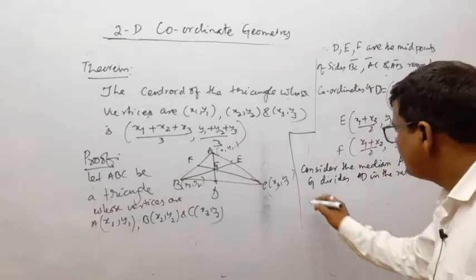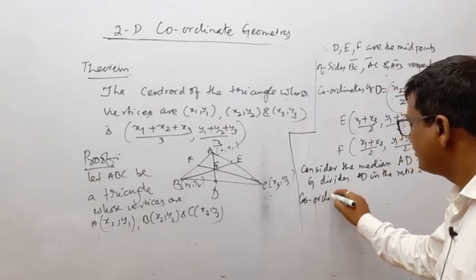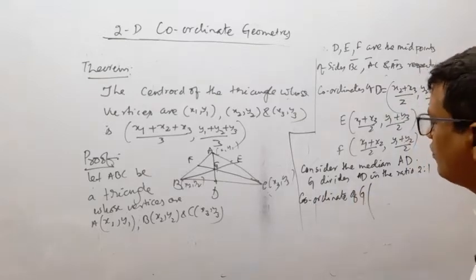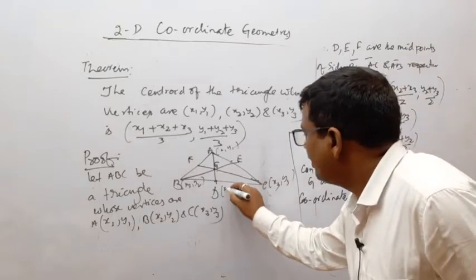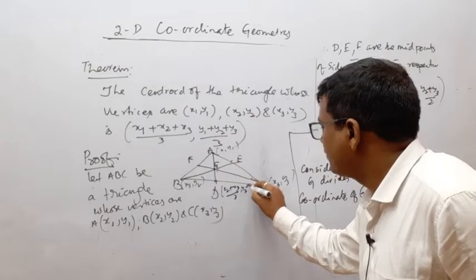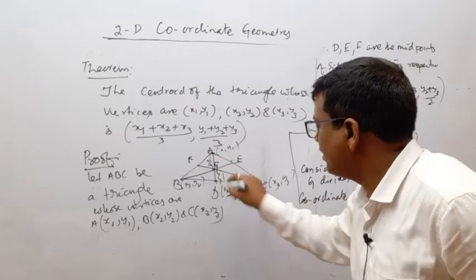Now the coordinates of G. This point is x2 plus x3 by 2, y2 plus y3 by 2. Now this is 2 and this is 1.